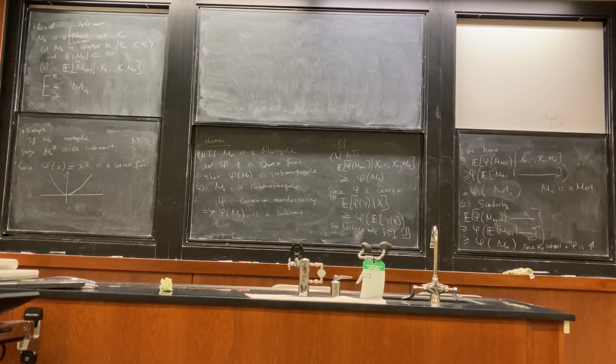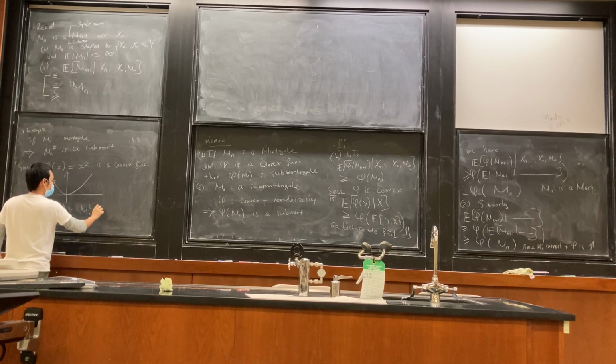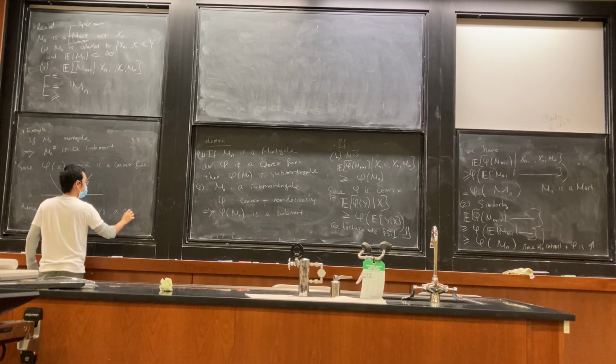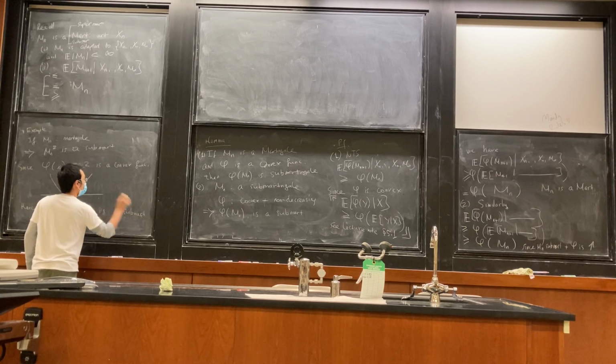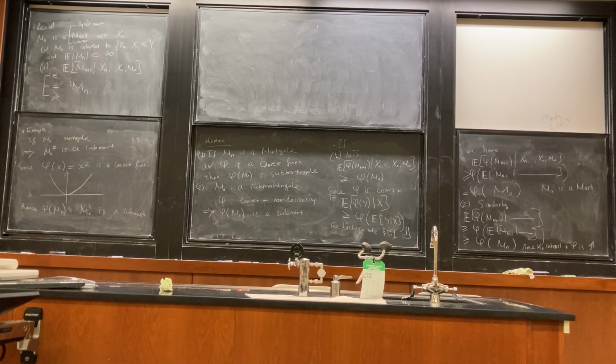So it's a convex function, and hence phi of Mn, which is Mn squared, is a submartingale. I hope everybody knows convexity.